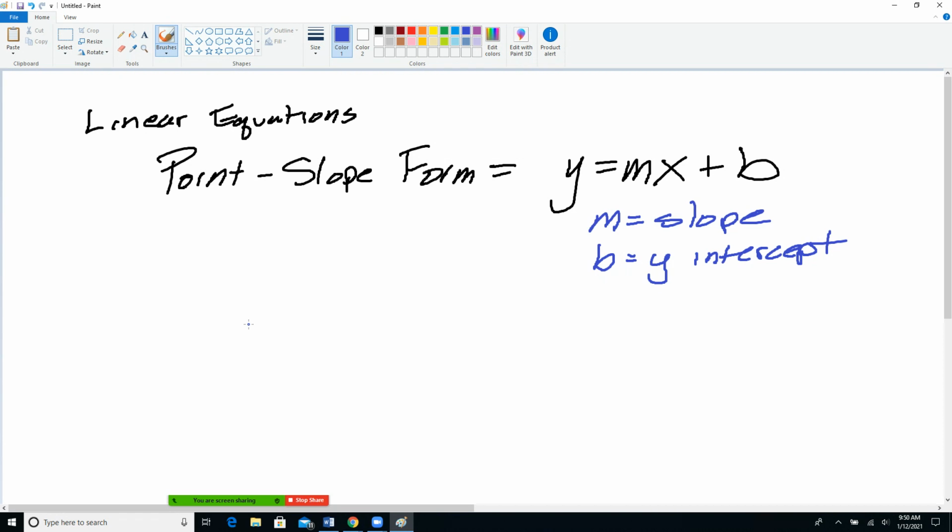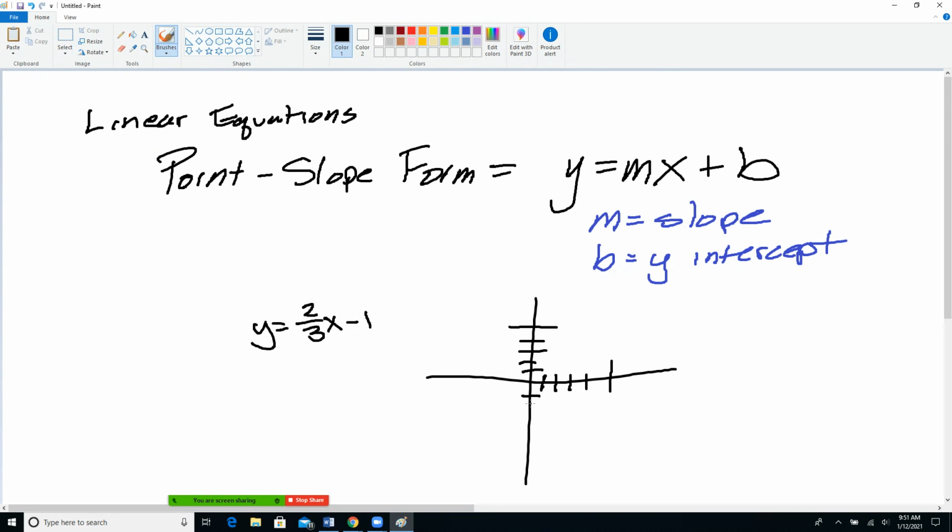If I had a line y equals 2/3 x minus 1, my slope equals 2/3.